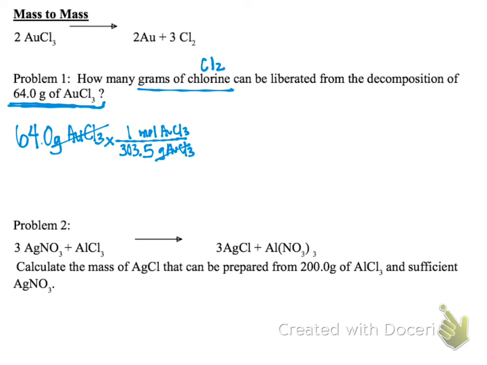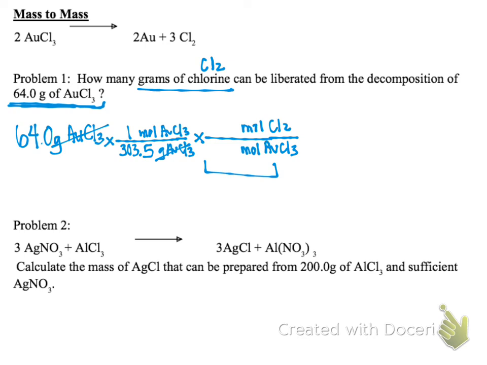So now, this is going to be your molar ratio step. This is where you use the mole conversions, or the mole ratios from your equation. So moles AuCl3 has to go on the bottom. And what you're trying to get to needs to go on top. You're trying to get to chlorine, so we need moles of Cl2 on top. So this is where you get the numbers from the coefficients.